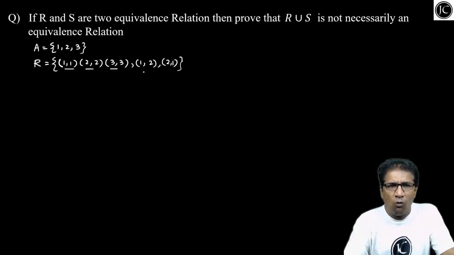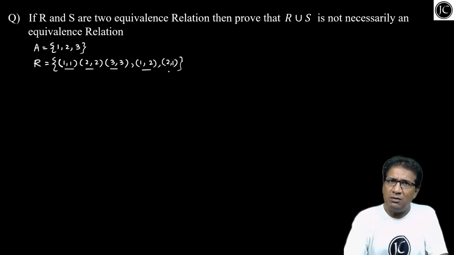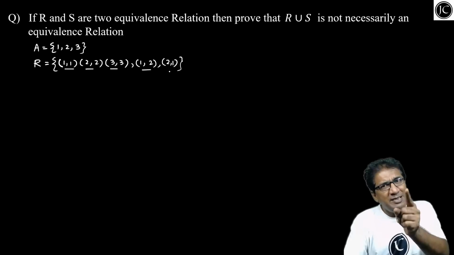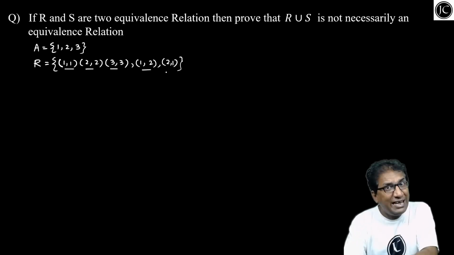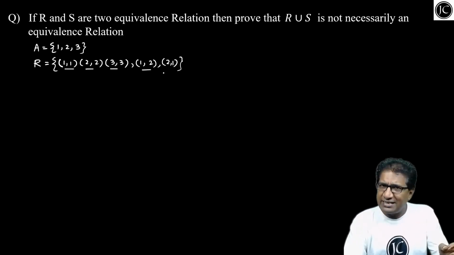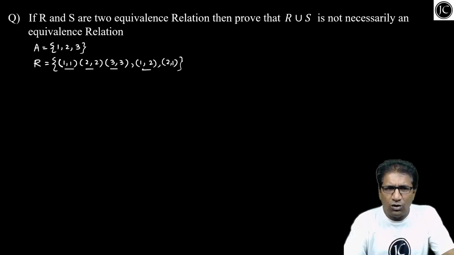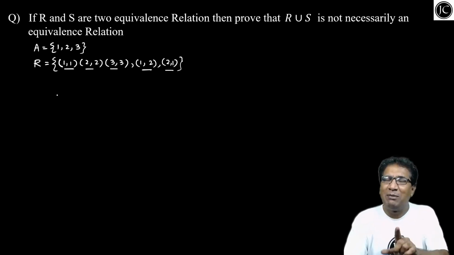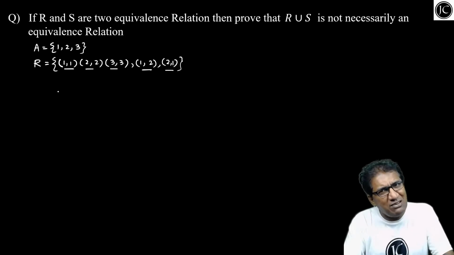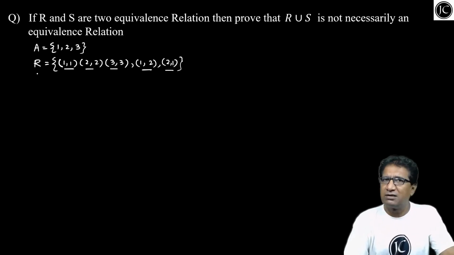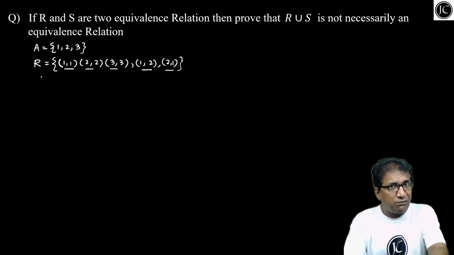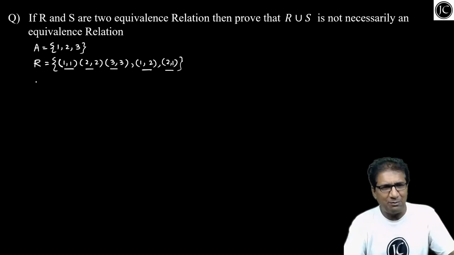और क्या है? 1,2 है, इसका मतलब 2,1 भी रिलेशन में प्रेजेंट है, मतलब ये मेरा क्या है? सिमेट्रिक रिलेशन भी है. ओके, सो रिफ्लेक्सिव हुआ, सिमेट्रिक हुआ. अभी देखो बच्चों, 1,2 है, 2,1 है, देन अगेन 1,1 भी है, मतलब ये क्या हुआ? ये ट्रांजिटिव भी हुआ. मतलब R is very much an equivalence relation the way we have defined the relation here, right?